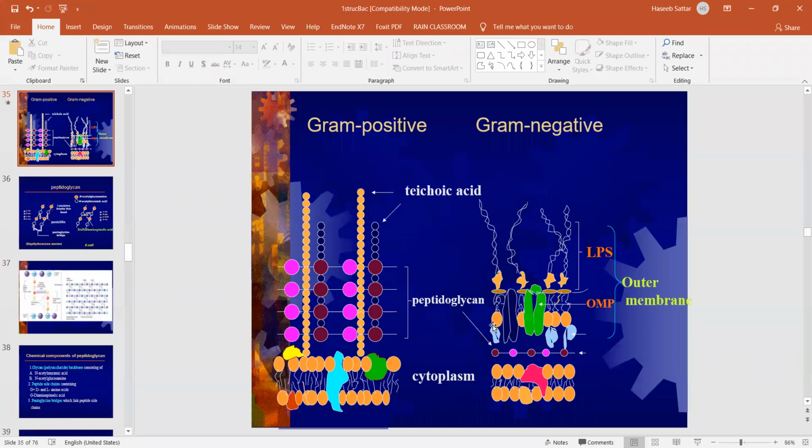Here, this is teichoic acid, protruding outward, and some of the teichoic acid is covalently bound with the lipid of the cytoplasmic membrane, and these fibers are known as lipoteichoic acid.